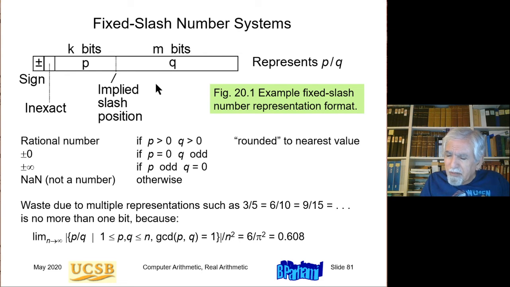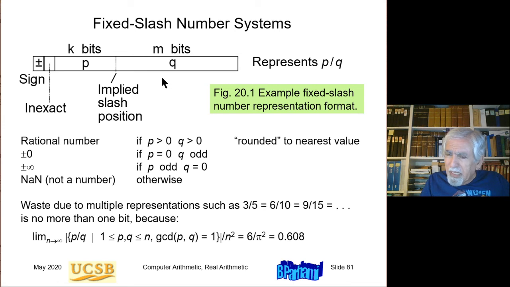Remember I mentioned the number 1/3. 1/3 has an exact representation in this format. You just put 1 where p is and 3 where q is, and you have the exact representation of 1/3. If you multiply 1/3 by 1/3, you get 1/9, still represented exactly.